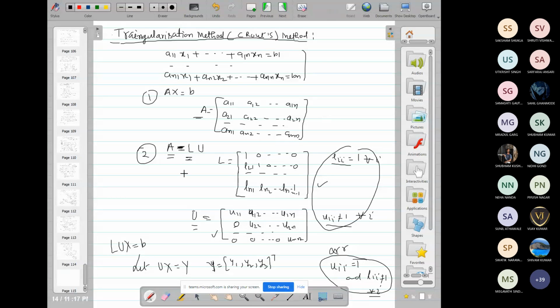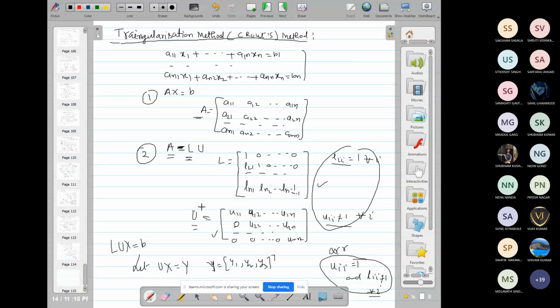Then putting in equation 2, we obtain equations in the unknowns lij and uij, and by solving this system of equations we obtain the values of lij and uij. Substituting lij and uij in these matrices, we obtain L and U.